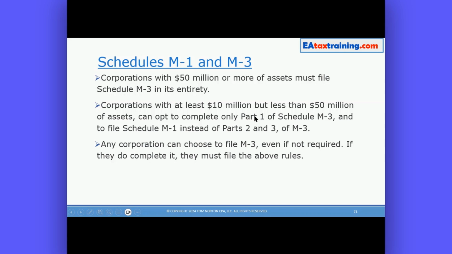But if they have between 10 million but less than 50 million, then they can opt to complete only Part 1 of Schedule M3 and then to go ahead and file Schedule M1 instead of Parts 2 and 3 of the M3. And any corporation can file Schedule M3 if they want to, but if they do, then they have to follow the rules.